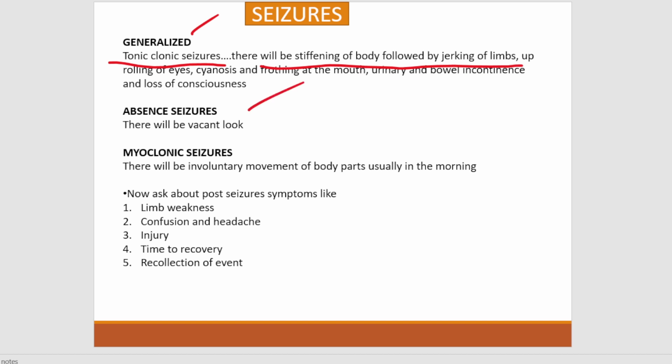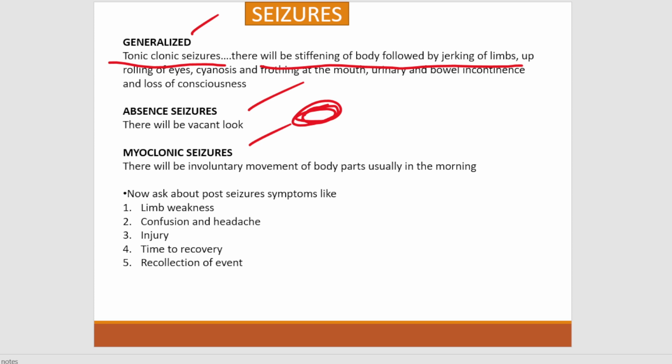Then there is the absence seizure. The patient will have a vacant look. Usually the attendant will tell you in the collateral history that the patient has a vacant stare, which usually occurs in teenagers and children. In myoclonic seizure, there will be involuntary movement of the parts, usually in the morning.